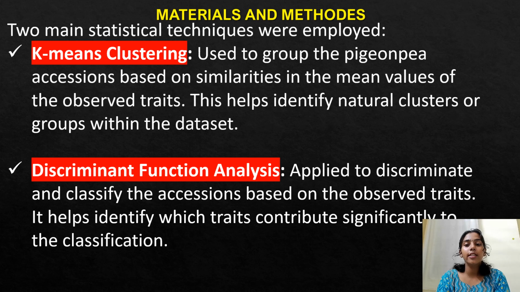This helps to identify the natural clusters or groups within the dataset. Discriminant function analysis is applied to discriminate and classify the accessions based on the observed traits. It helps to identify which traits contribute significantly to the classification.